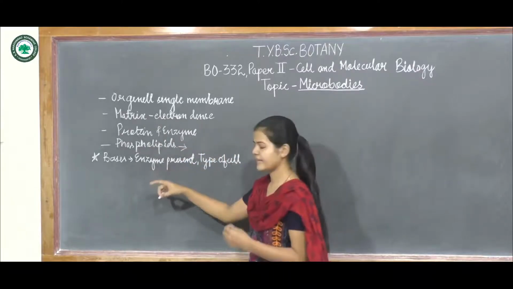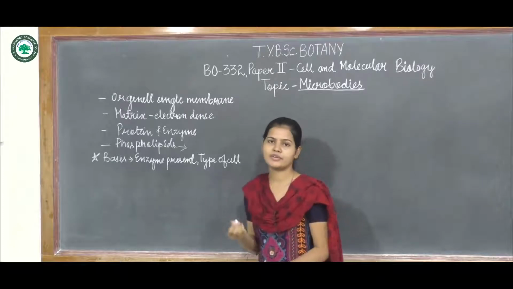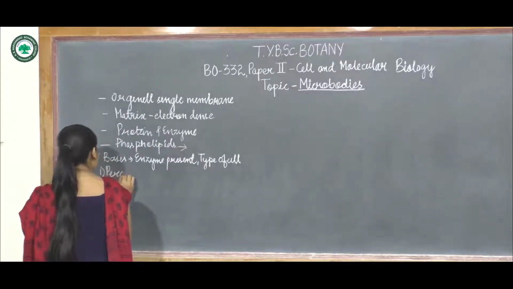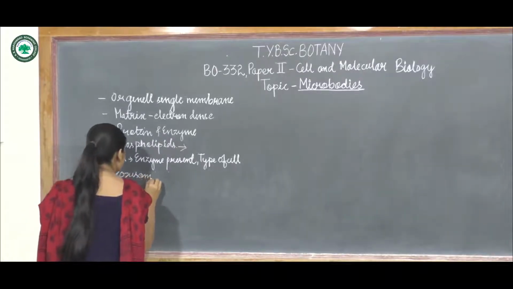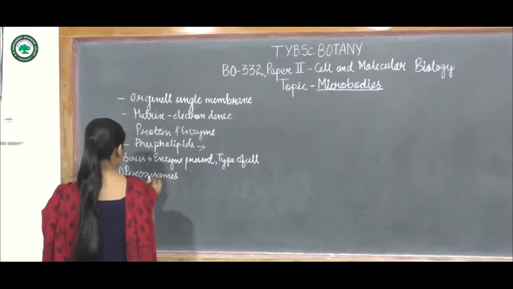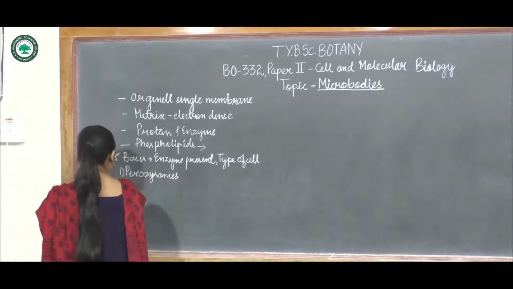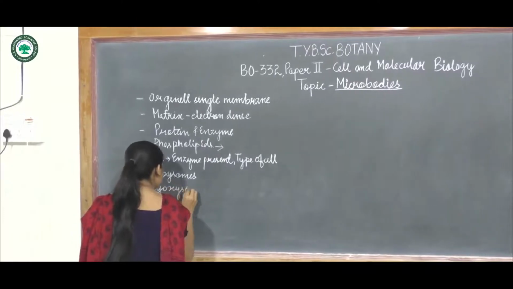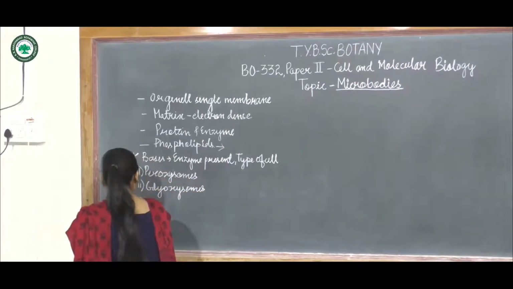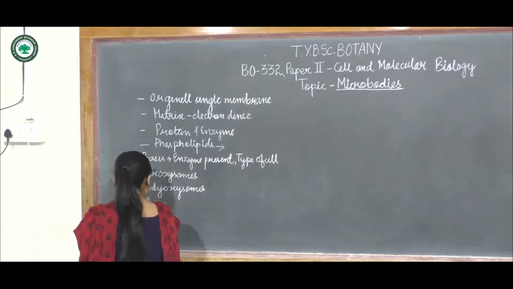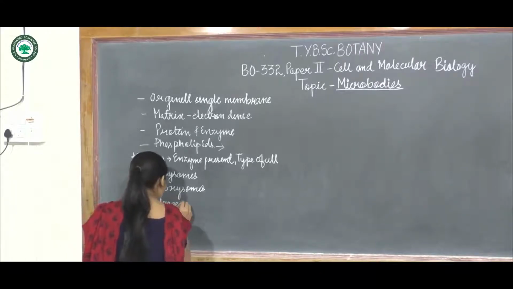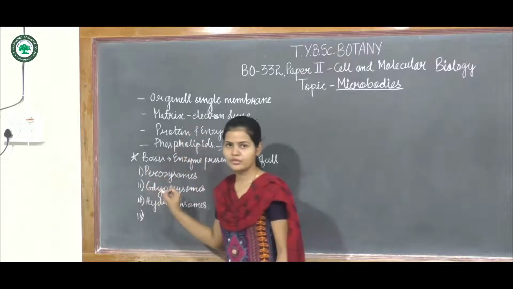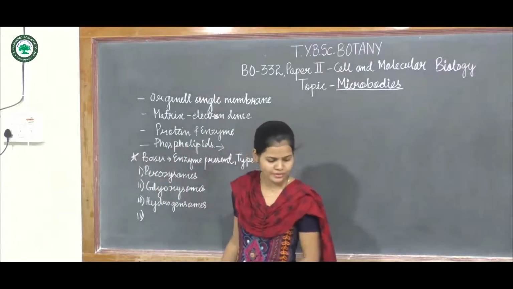So on the basis of the enzyme present and the type of cell in which the microbodies are occurring, they are classified into peroxisomes, glycosomes, hydrogenosomes and sperosomes.